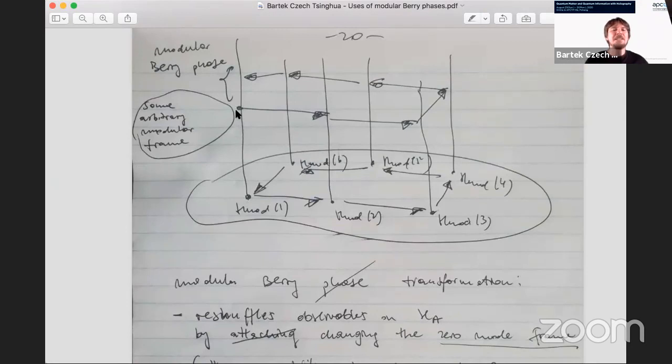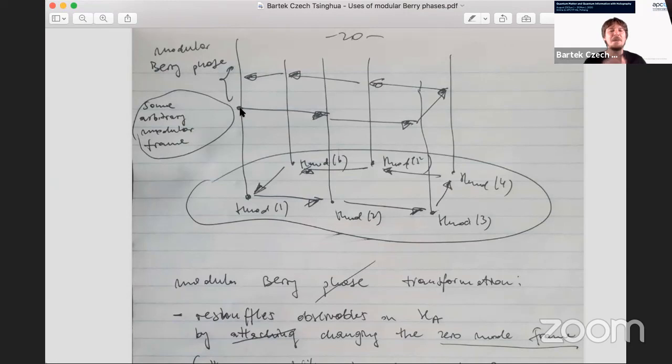And then I imagine that I started in some arbitrary modular frame. So I have my favorite set of operators that I will track. And you might say, which operators are they? There are lots of operators like that, which are related to each other by zero modes of H mod. And I would say, yes, but I just chose some very particular set. That very particular set is a choice of modular frame.